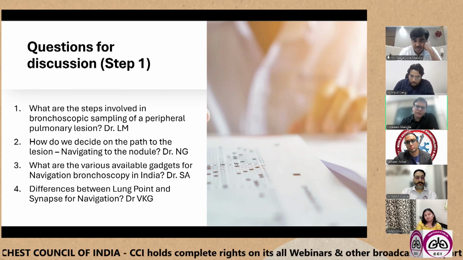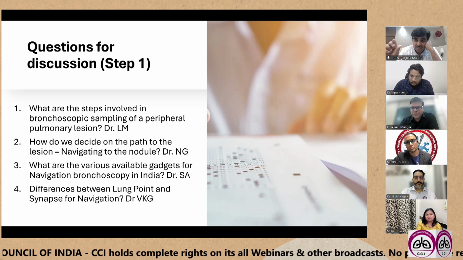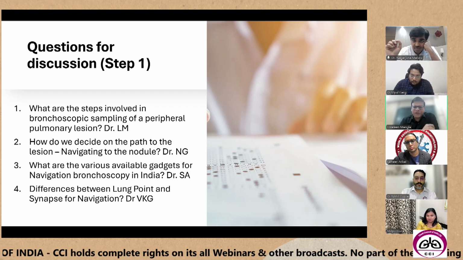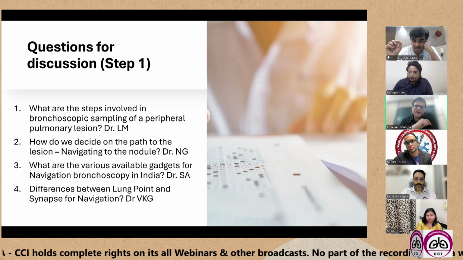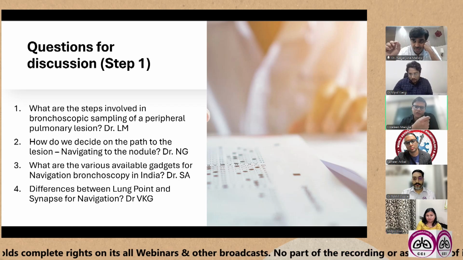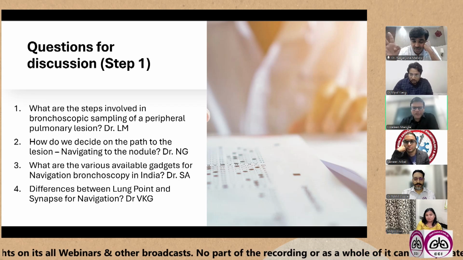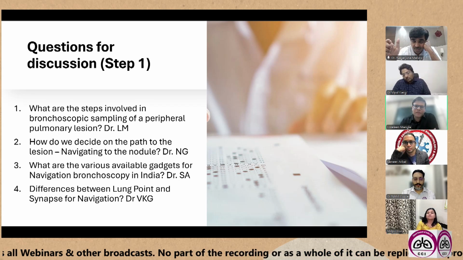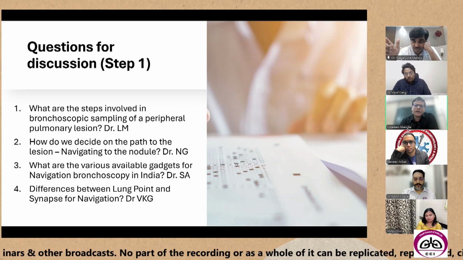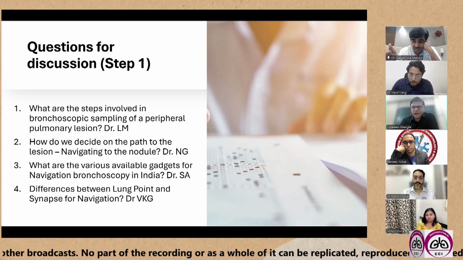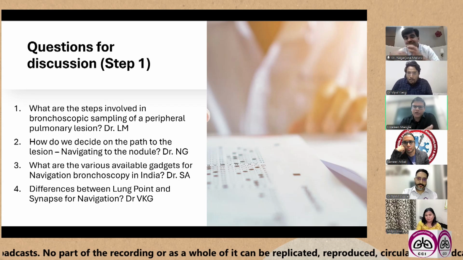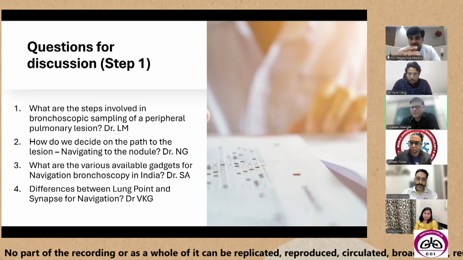Once we are able to reach there, we will visualize the target through the radial EBUS also. After that, we will visualize the tool in the lesion. It can be done through fluoroscopy, or through navigation bronchoscopy, or maybe through the CBCT also. After that, we can do the sampling through multiple forceps biopsies, BAL, or everything we can do. These are the 5 steps.